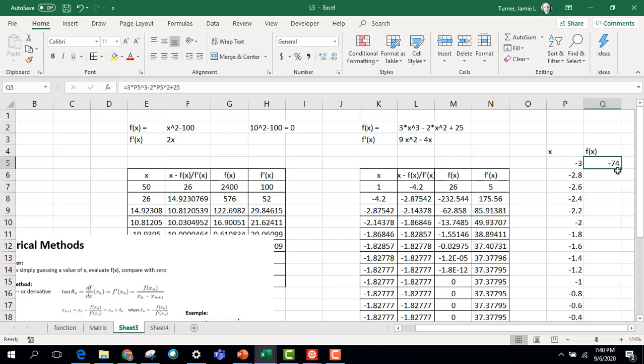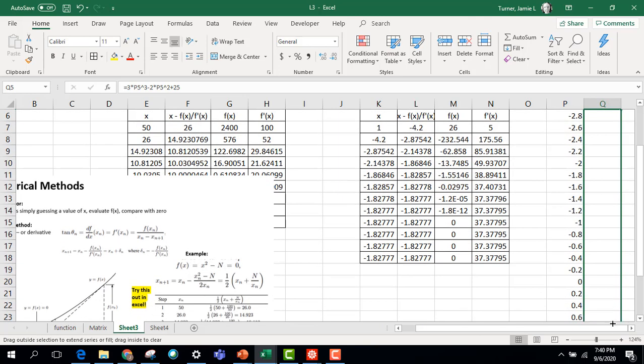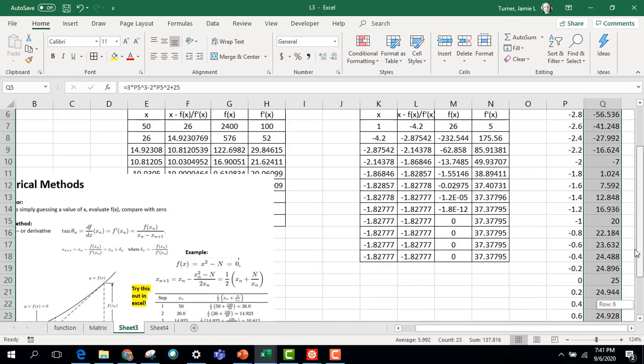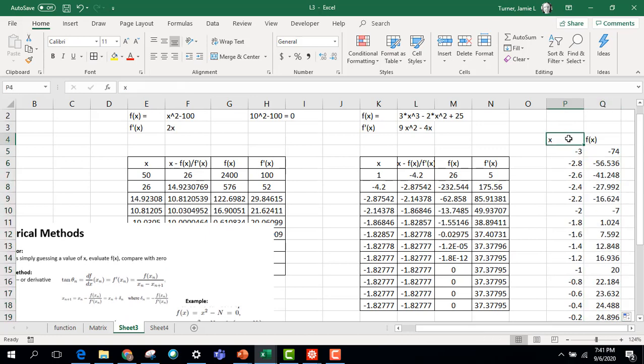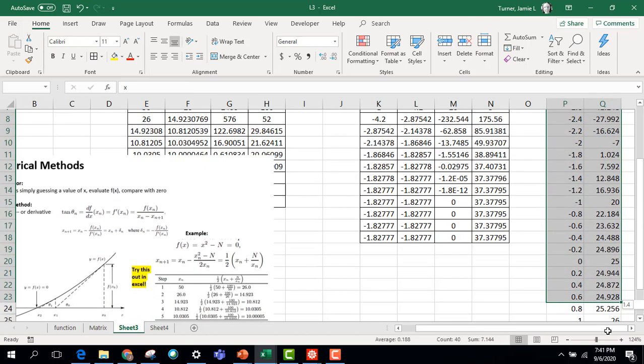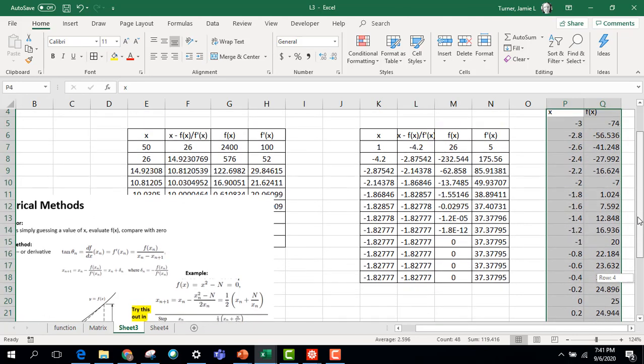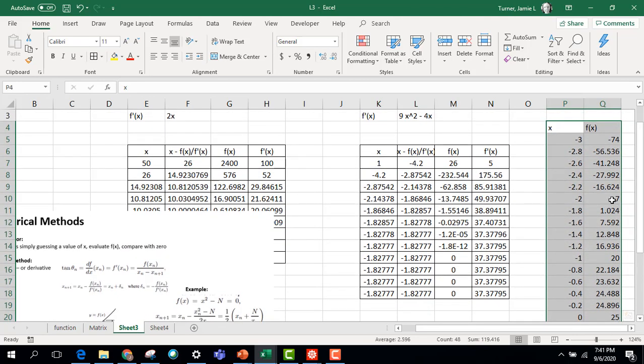Okay, so if we calculate what that function is over this range, let's graph this out. Nice, maybe just a nice scatter plot here. And we can make sure that it's looking like, yeah, -7 to 1. So between these 2 points, that's where it crosses 0, right? It goes from negative to positive.